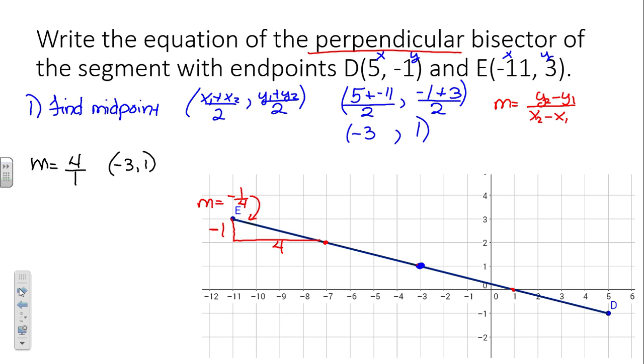So how do we find the equation of a line if we have a point and a slope? Not midpoint, nope, not distance. Y equals mx plus b.